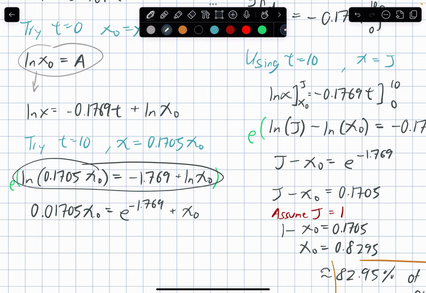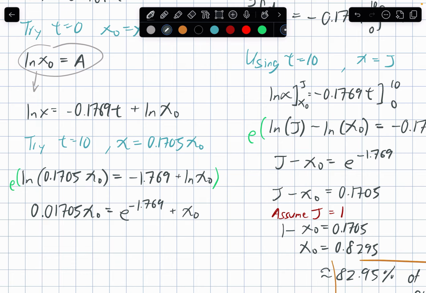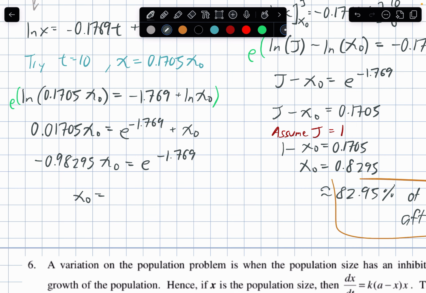So as much as I wanted to, here I'd already want to shift solve, but to be safe, you show your solution. 0.1705 minus 1. Okay. e raised to negative 1.769, x sub o is equal to, let's see.